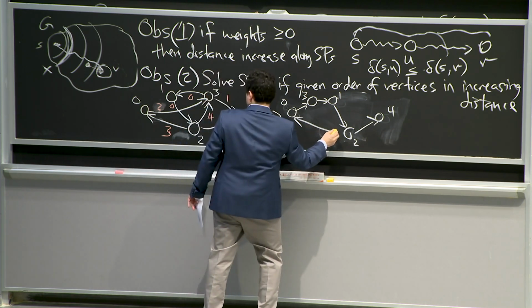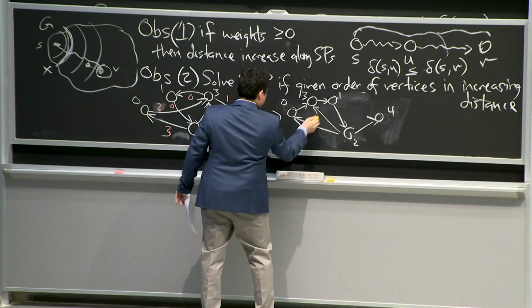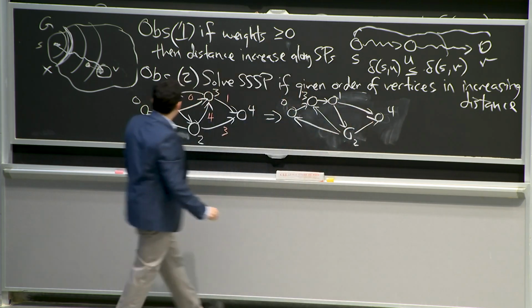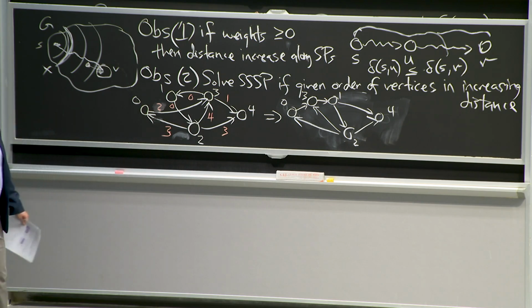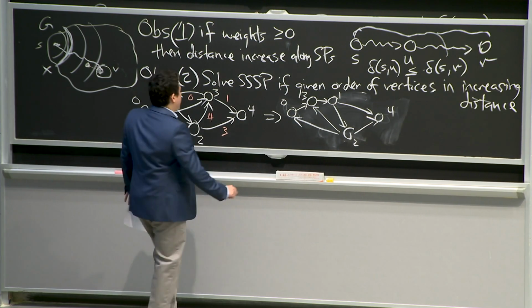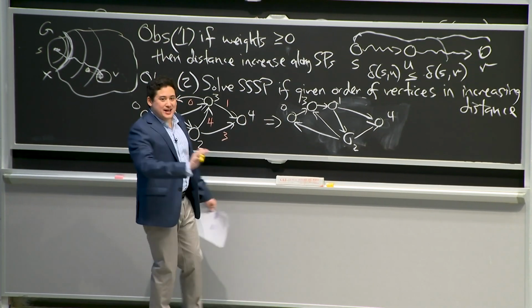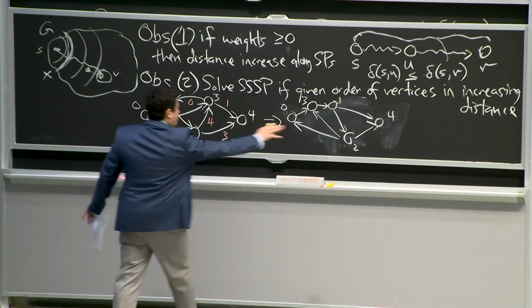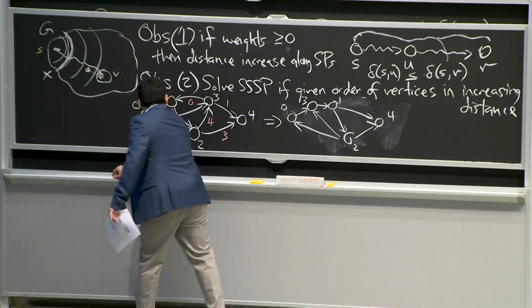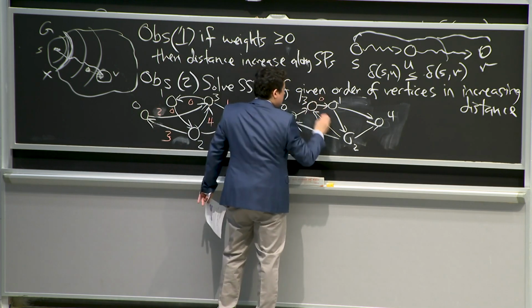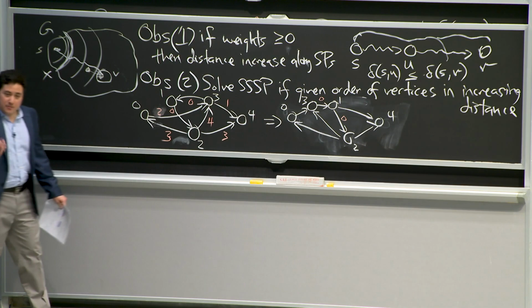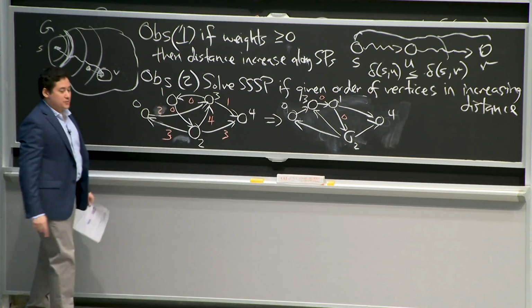What am I missing? 2 to 3, and here. I think I have all of those edges. Yeah? Okay? Now I have the property that every edge that could participate in a shortest path are going forward in the ordering, right? Because all of these are 0 weight. So we flip those around so they're going correct with respect to the ordering.